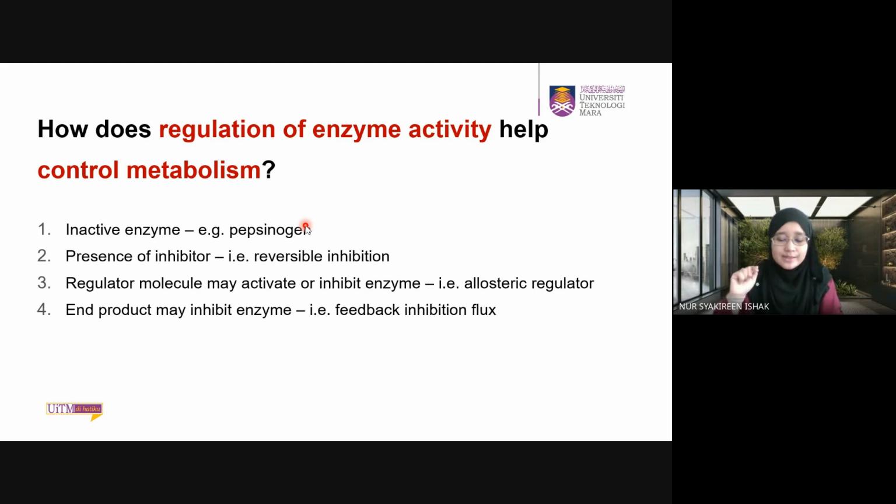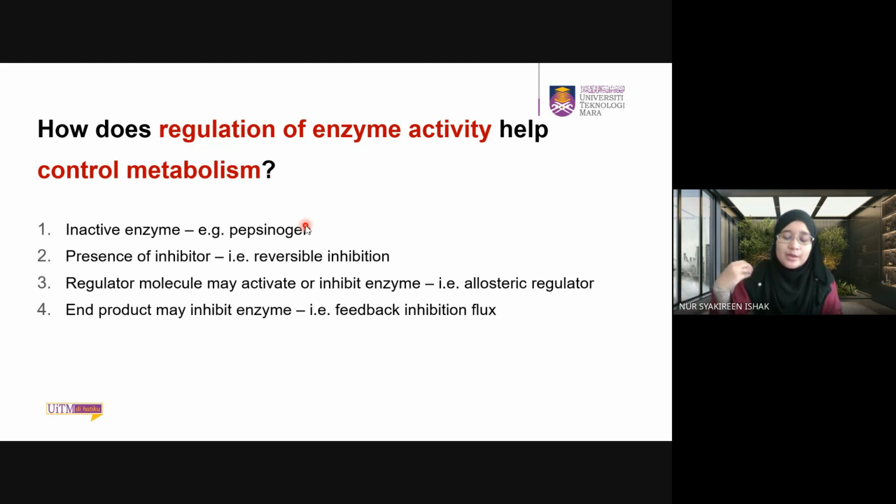Okay, second, presence of inhibitors, such as reversible inhibitors. For the reaction to occur, the enzyme has an active site, the substrate will bind to the active site, and then the reaction occurs to produce product.